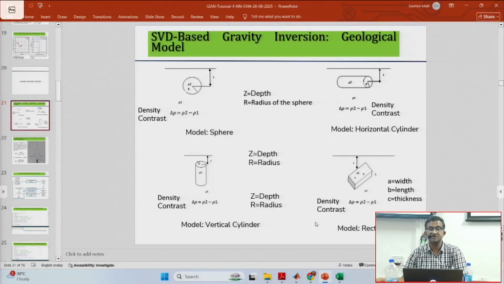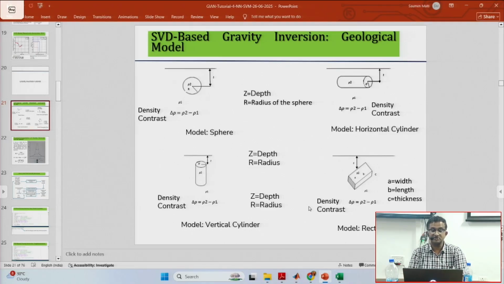So there is a standard geometrical body used. We use it for explaining the observations, the anomaly. They can be your sphere, horizontal cylinder, vertical cylinders, rectangular prisms, and their combinations.